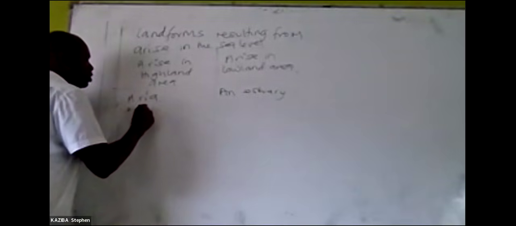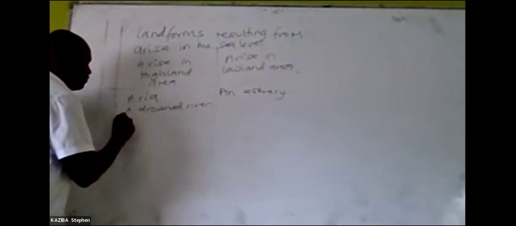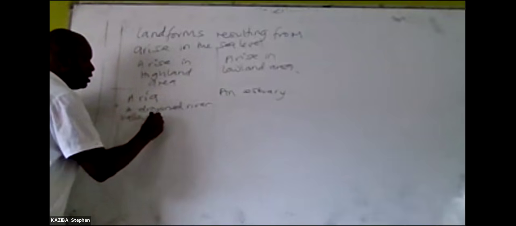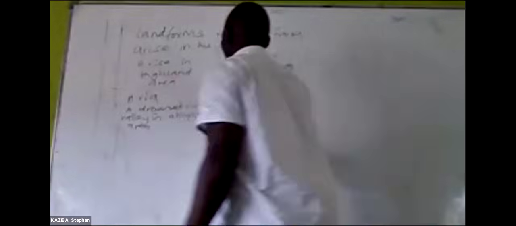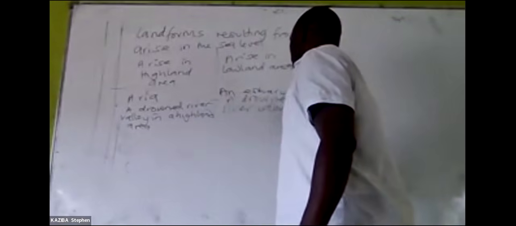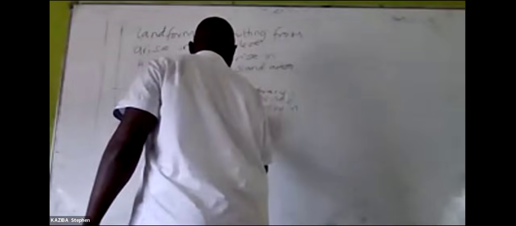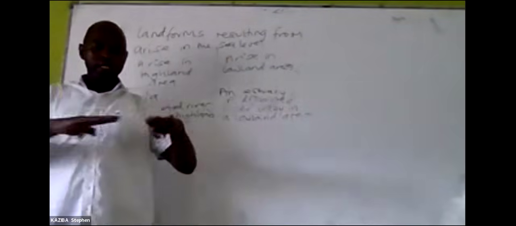The only difference is that this is a drowned river valley in a highland area. This one is a drowned river valley in a lowland area.